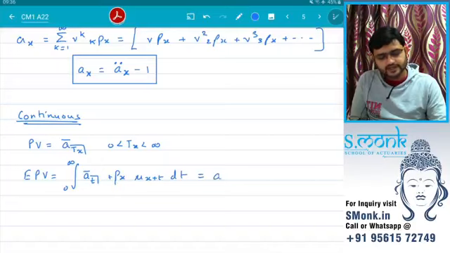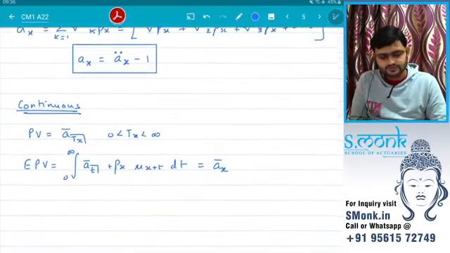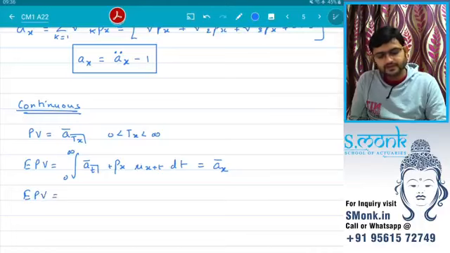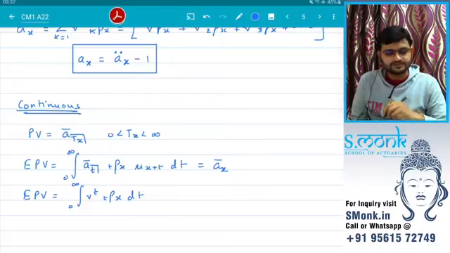This we will write as a bar x. Of course, there's another way of writing this. Expected present value can also be written as integration going from 0 to infinity of v raised to t, tpx, dt. Again, this comes from the payments. Payment at time t would be given to anybody who survives time t, and we will add up all such payments.